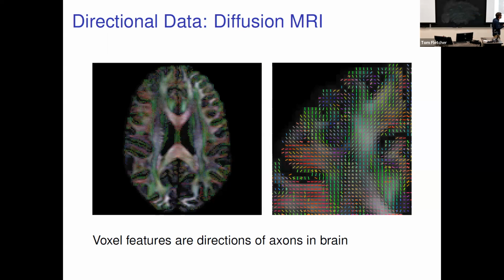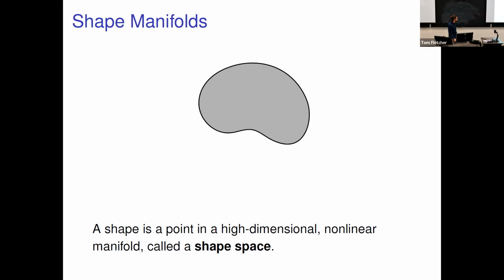And these directions are unit vectors. And so at every point I have a three-dimensional unit vector. So it really lives on a two-sphere at every point. And so now my pixel values, if you will, are points on spheres. And I know that that's a constraint I have in this data set. And I should do my machine learning or statistics of this data with that constraint naturally in mind, thinking of it as a spherical data set.